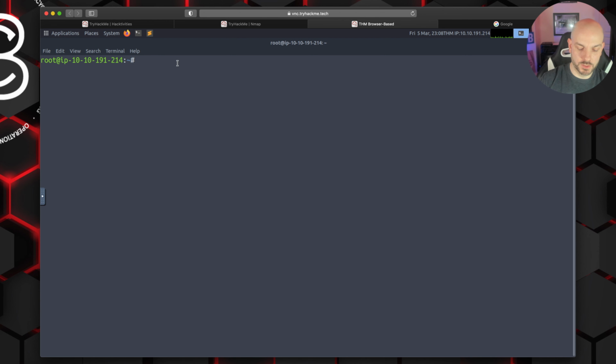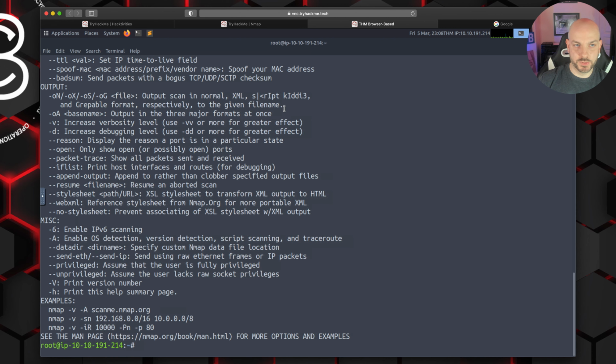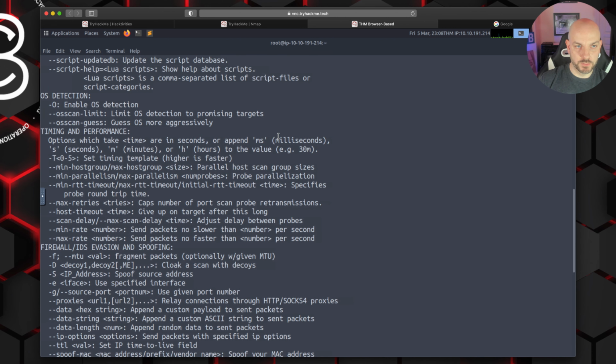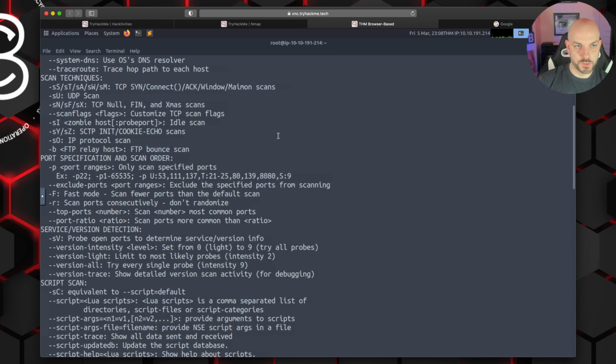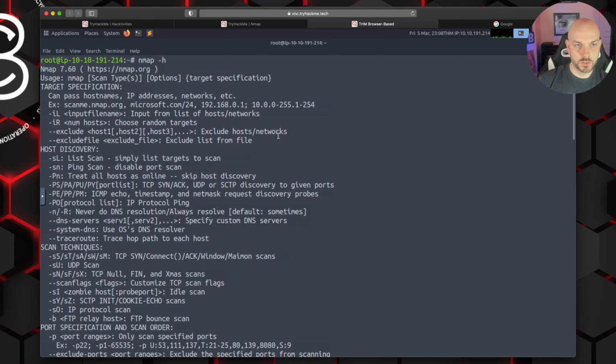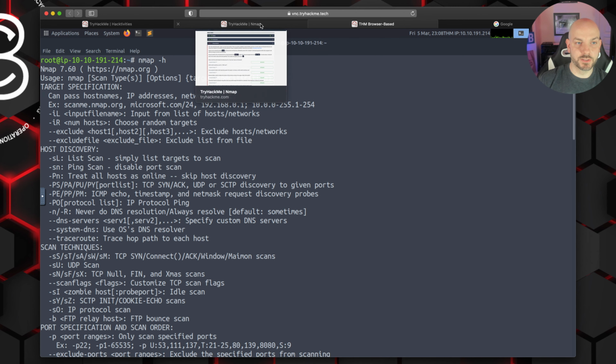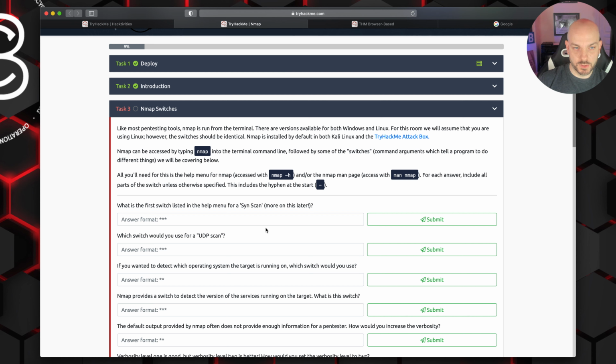There we go. So we're going to go nmap, and I believe it was -h for help. It's going to give us all of this different output for all of the different switches that we could use. Let's go back and take a look at what the question was. What is the first switch listed in the help menu for SYN scans?